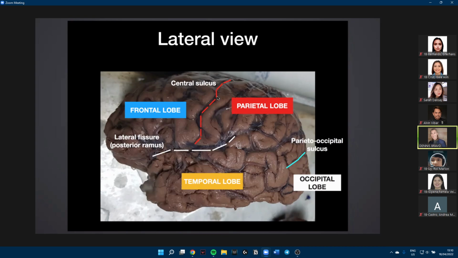Just like I said earlier, the central sulcus divides the cerebral hemisphere into the frontal lobe and the parietal lobe. Now, inferiorly, we would find what is called the lateral fissure. Some would call it the lateral fissure of Sylvius, or the lateral Sylvian fissure.